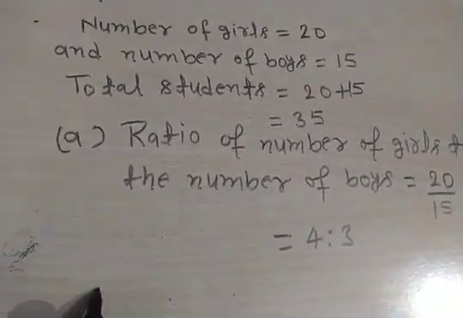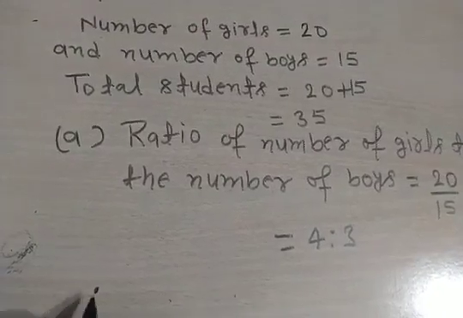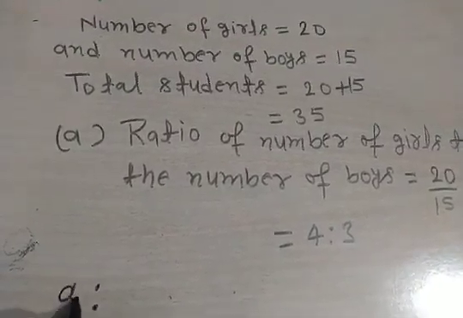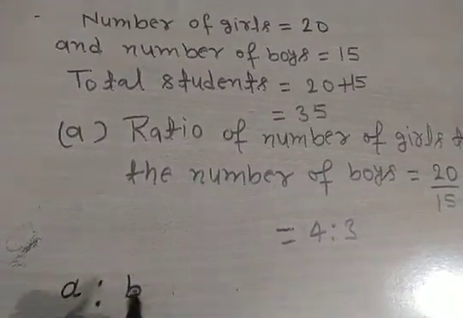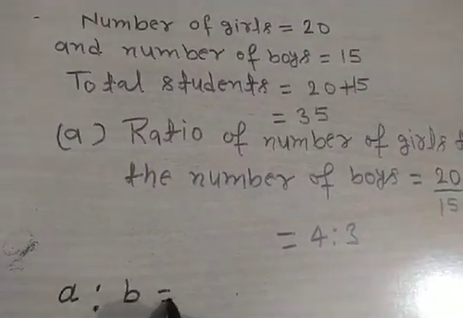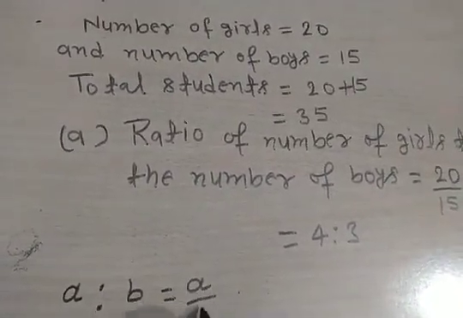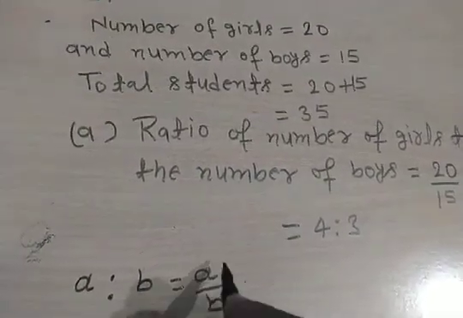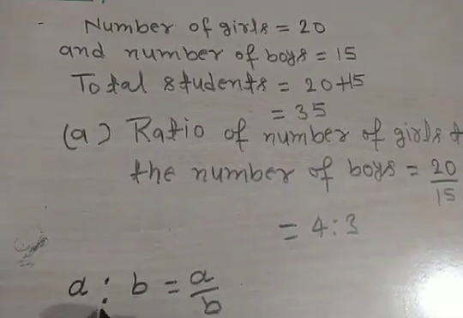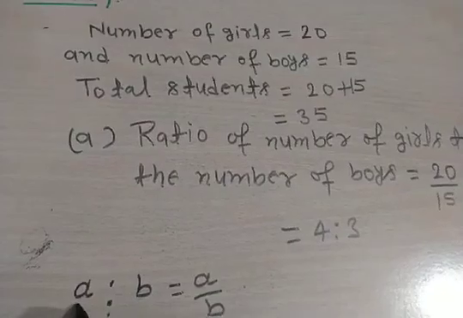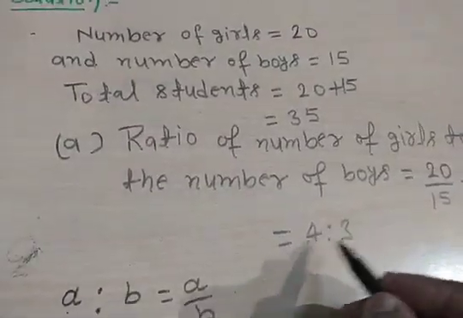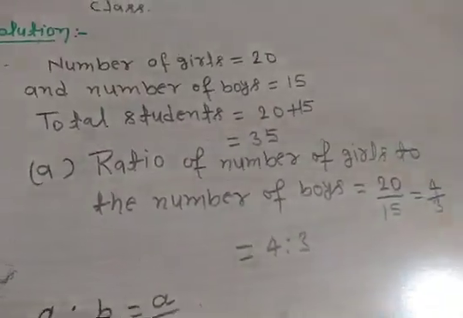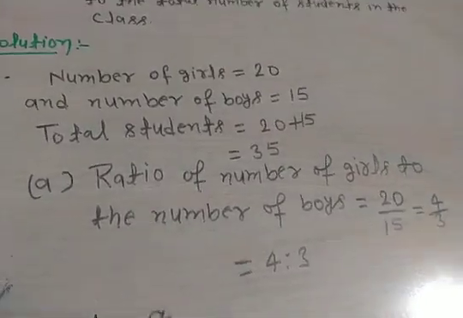Okay. This symbol is called, we read ratio. So A ratio B. So we write here A to B. This is also, you can write A by B. This is a fraction form. Clear? So don't be confused. This is called ratio. This read it A ratio B. 4 ratio 3. Clear? So I hope all of you understood.